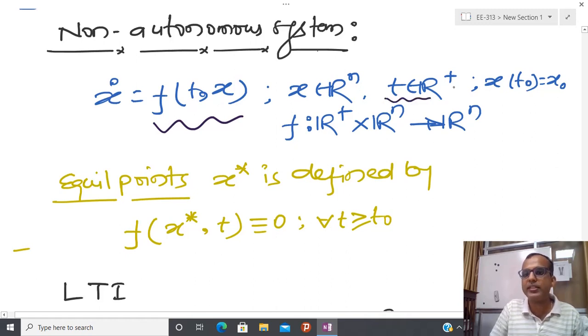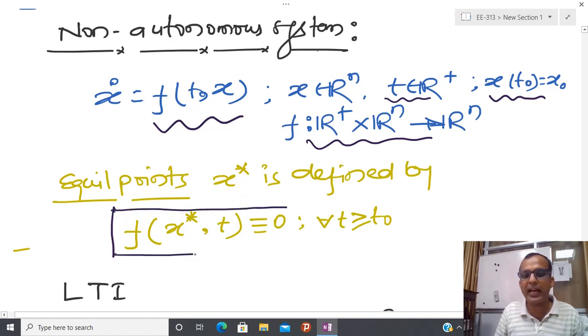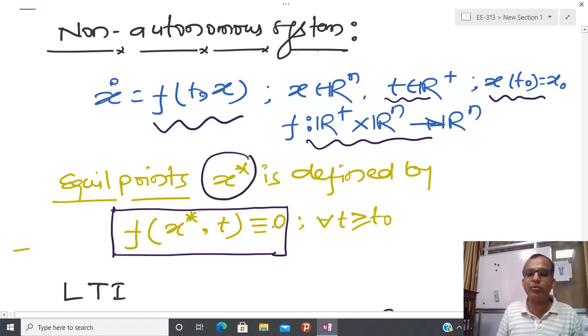Here time I am always considering positive, and this is the state, and this is the function, because I have to maintain uniqueness of the output. And again the equilibrium point is defined like this, and be careful that x star is an equilibrium point provided that for all t greater than or equal to t0, where t0 is the time of starting of your experiment.